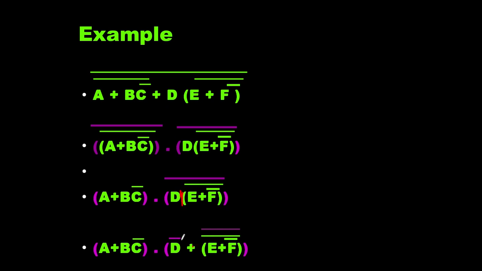I changed it, so now I have D not, and I have here a double complement. What can I do with this? Both of those will go with each other. It's going to be the same. Remember, A or X complement equals A. Same thing, double complement is not going to change the answer. So I'll be left with E or F not.